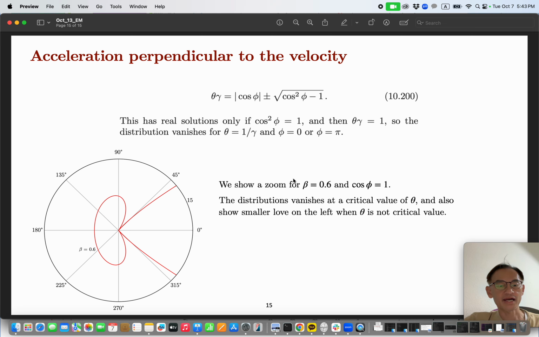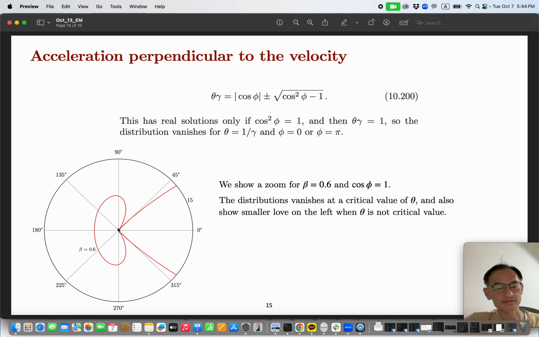So this is the plot for the same stuff, for beta is 0.6 and cosine phi is equal to 1. But we zoomed in. So we have this structure where it becomes 0, and it's approaching with the same angle as the previous one.